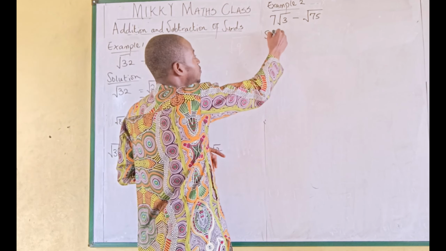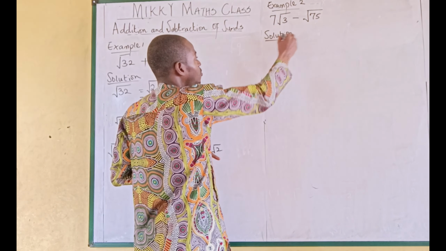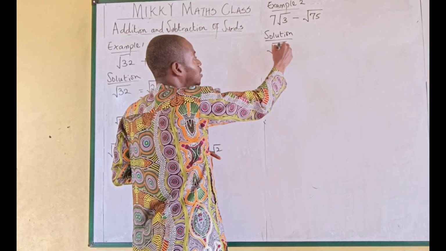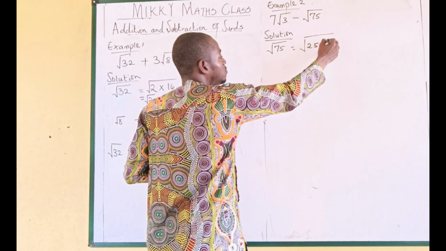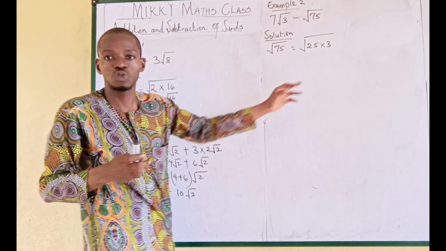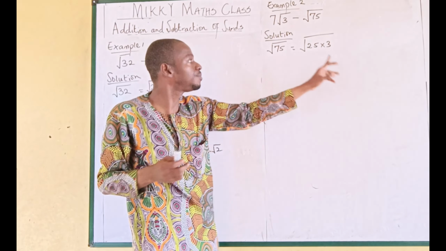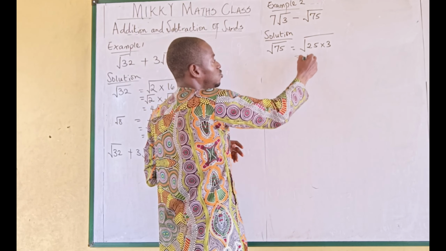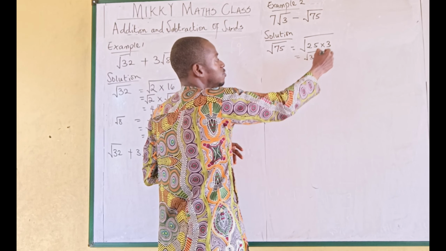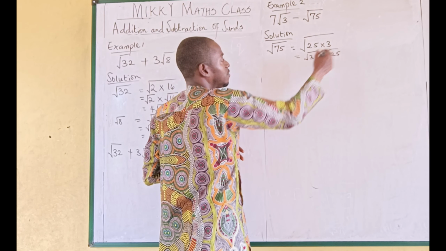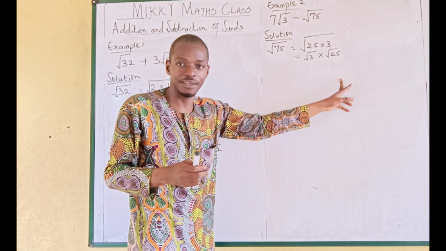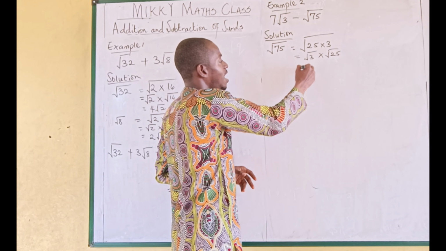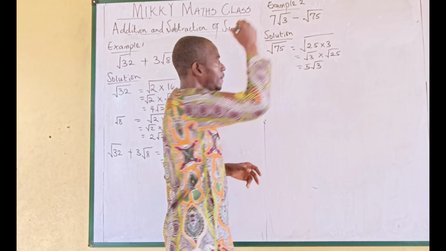Root 75 can be broken down to be 25 times 3, which is the same thing as root 3 times root 25. The square root of 25 is 5, so that's 5 root 3.